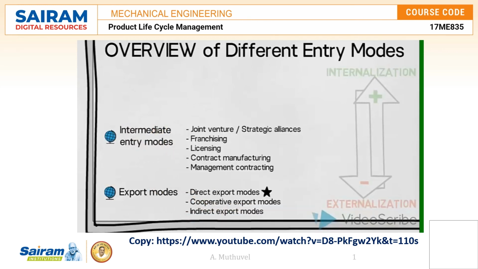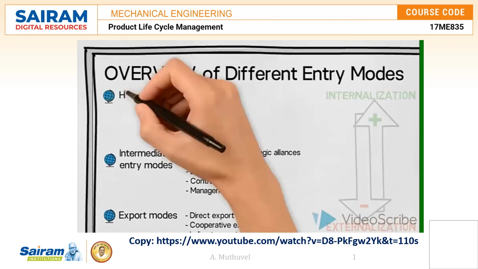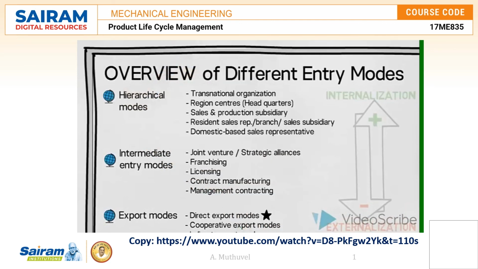Intermediate entry modes include joint venture, strategic alliance, franchising, licensing, contract manufacturing, and management contracting. And finally, with the highest level of internalization, the hierarchical modes: transnational organization, region centers, sales and production subsidiaries, resident sales representative or subsidiary, and domestic-based sales representative.